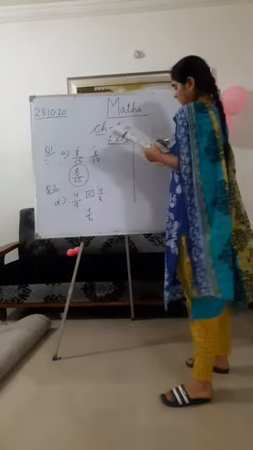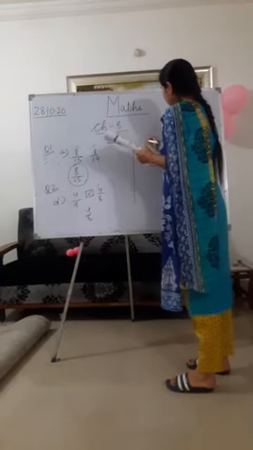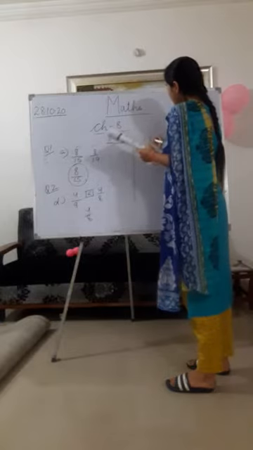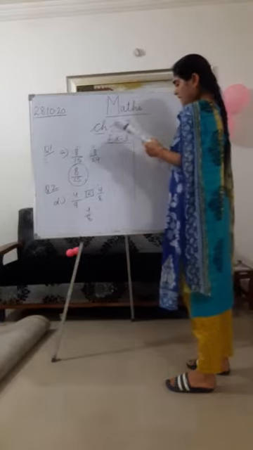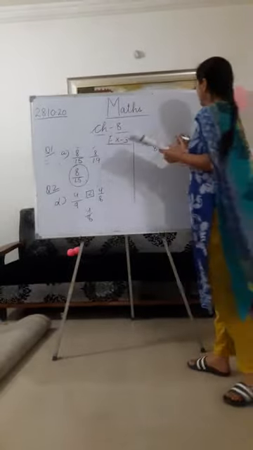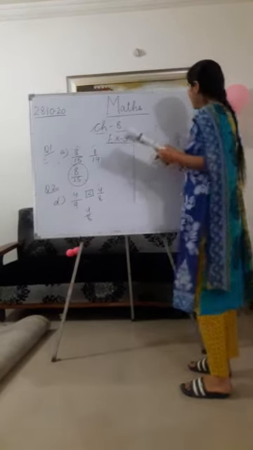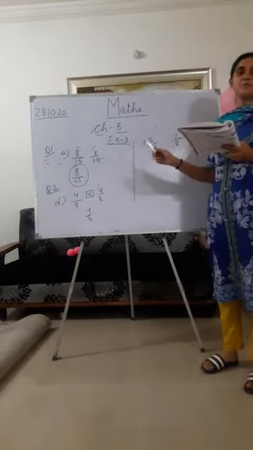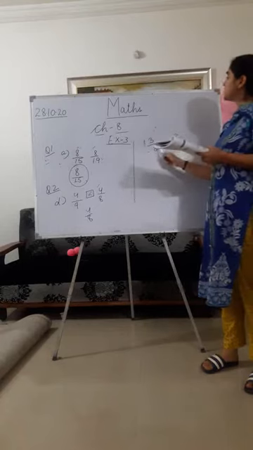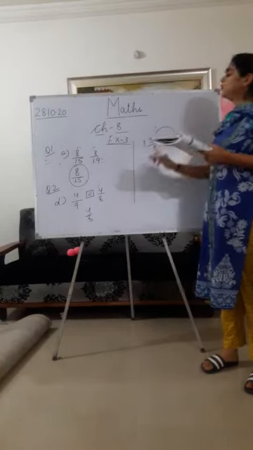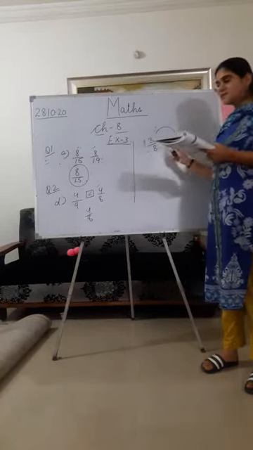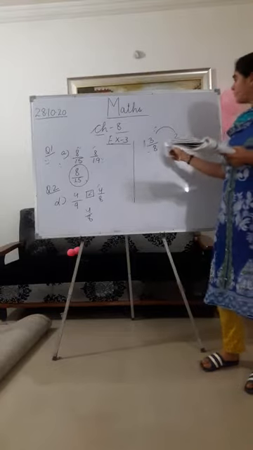So how much did Rohit eat? 3 by 8. And how much did Munaf eat? 2 by 8. Here also, when the denominators are same, rule 1, we will compare the numerators. Here the denominators are same, both 8 and 8.